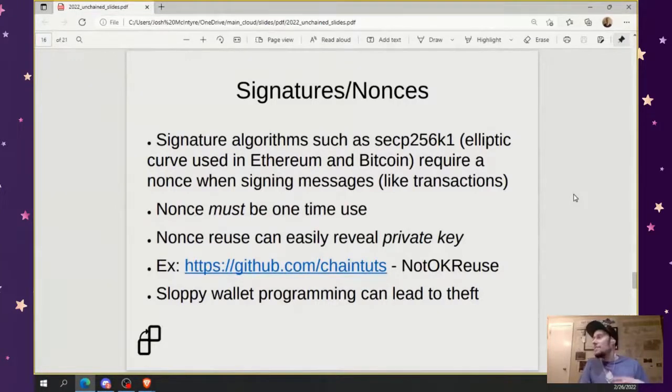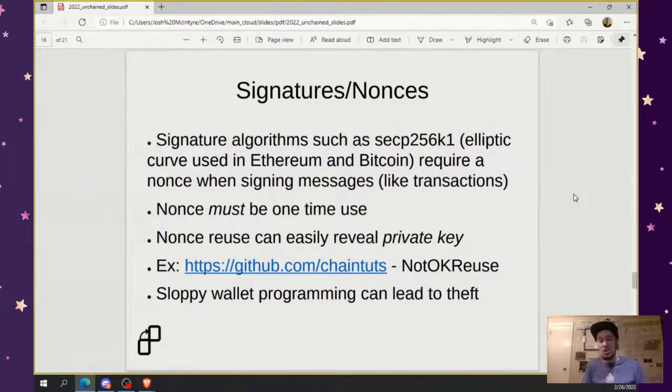And the algorithms that are used to generate these signatures require a random nonce for every transaction. And this nonce must be one-time use. So we use secp256k1, an elliptic curve algorithm, for Bitcoin and Ethereum, and pretty much every major cryptocurrency that I know of, because of its efficiency and the fact that it has small keys compared to something like RSA. But nonce reuse can easily reveal the private key.